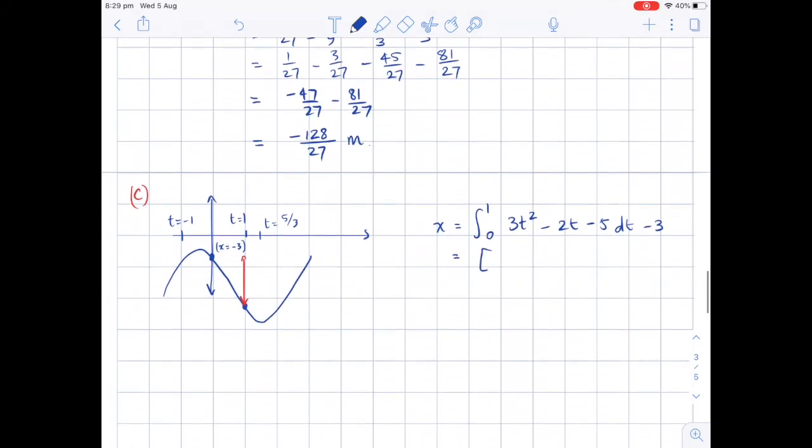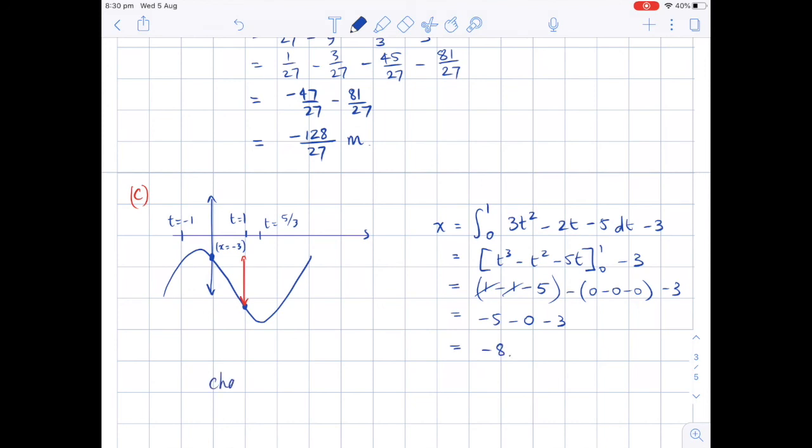So that gives me t cubed minus t squared minus 5t between 1 and 0 minus 3, which gives me 1 minus 1 minus 5, take away 0 minus 0 minus 0, take away 3, which they cancel out, and I've got minus 5 minus 0 minus 3, which equals minus 8.